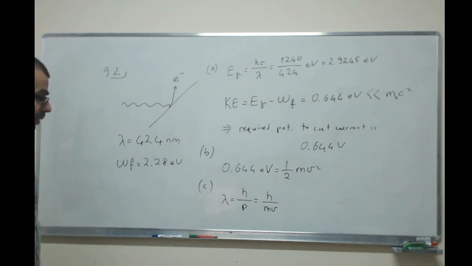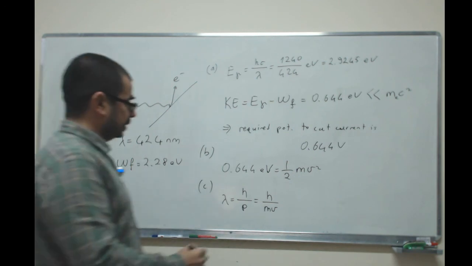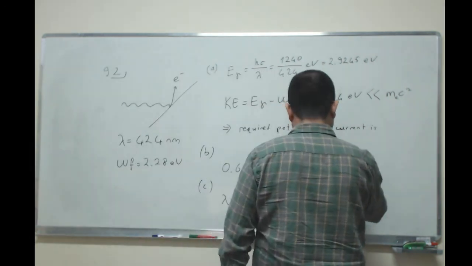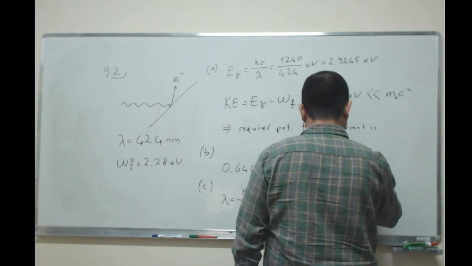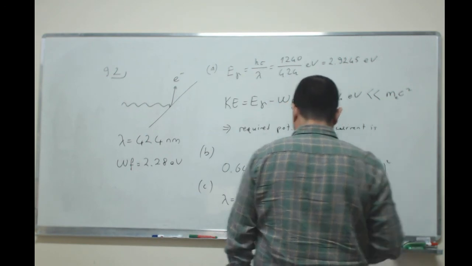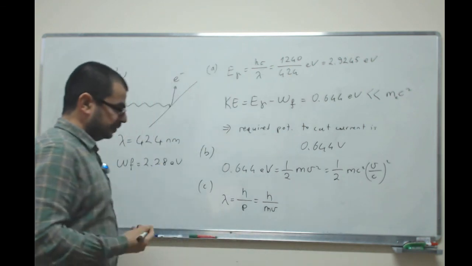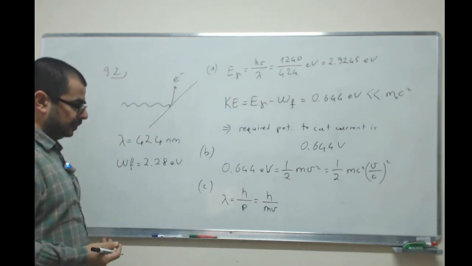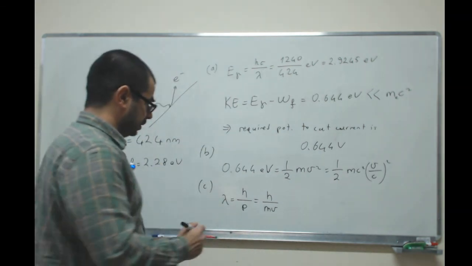Can we make this a bit easier? So as I said, you can write this as a half mc square v by c square. So you would have the value of v by c.